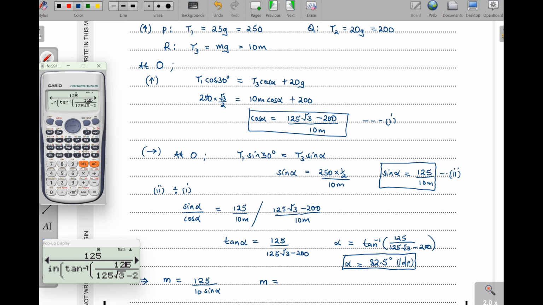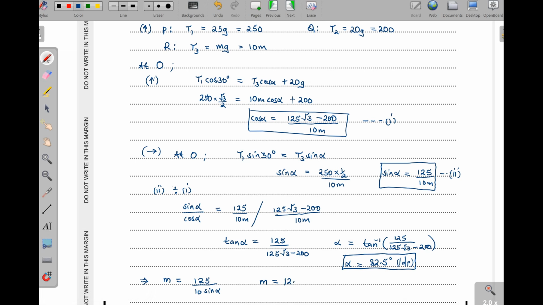And then I'll just close the brackets here, just like that, and the answer becomes 12.6 kilograms.